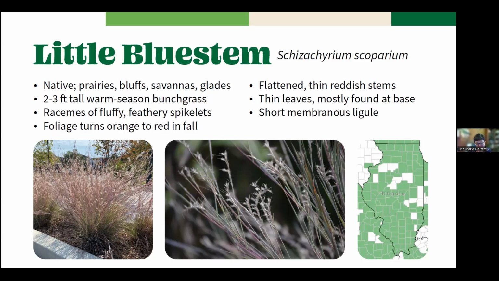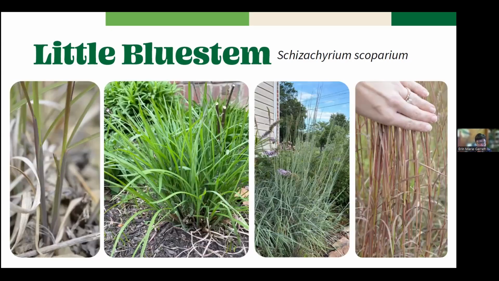Here we're going to have more of these collections of spikelets attached to a stalk, but sometimes just individual spikelets can also be attached. So it can kind of go either way. You can see a little bit of this reddish stem as well. Okay, so a few different pictures.